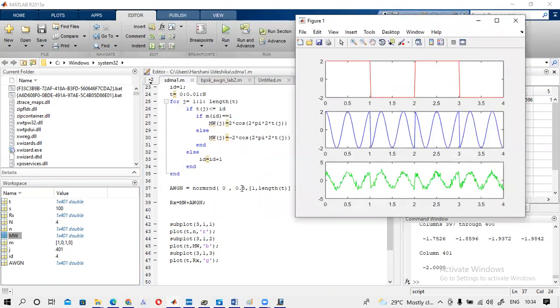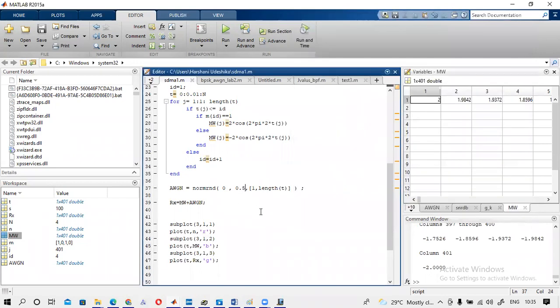This is the sigma, which refers to the variance, which refers to the power. This point is the mean, and sigma is the square root of the variance. Please remember that variance is always related to the power. So if I put 1.2 power, that means very little power.